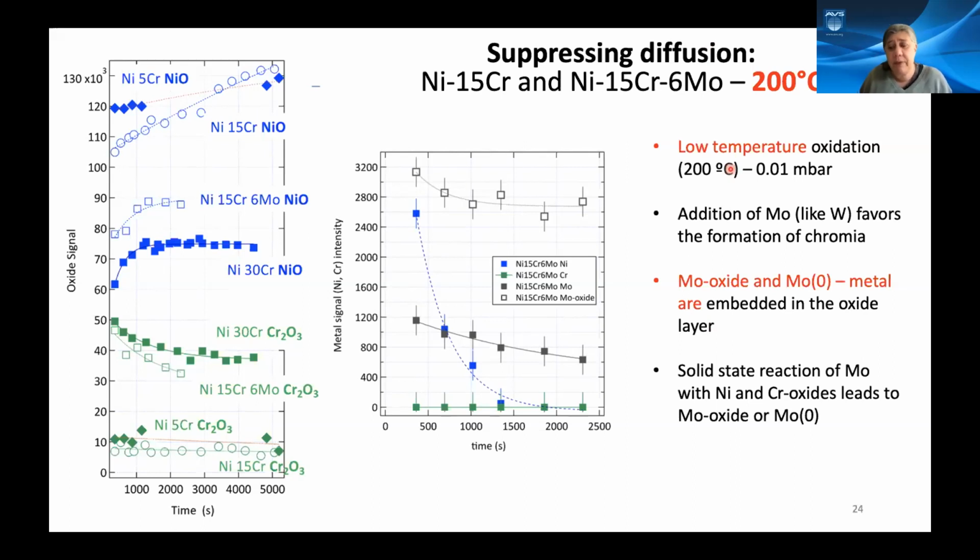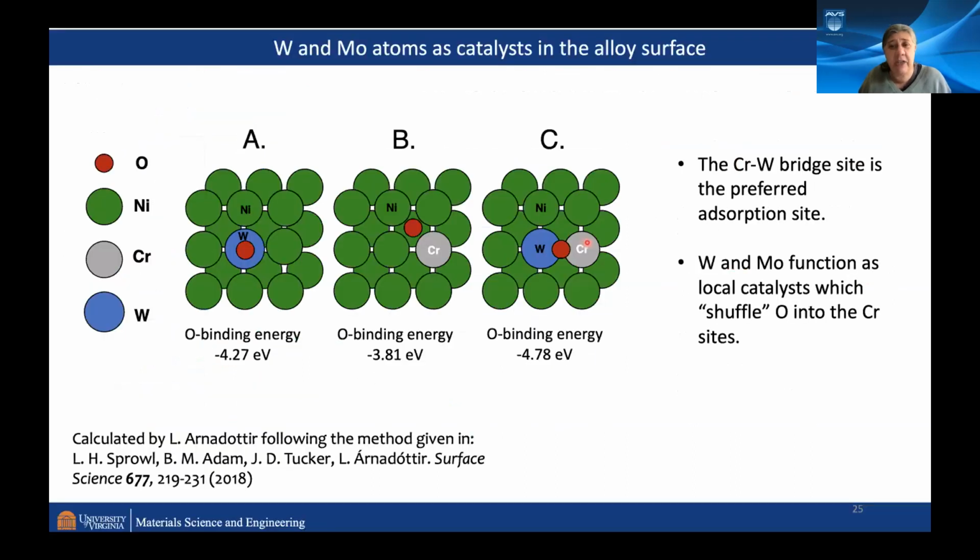So let me give you an additional idea what can happen at the surface. And that goes into the question how the surface chemistries are changed by moving between different alloys. And we saw that with the chromium in the nickel already.